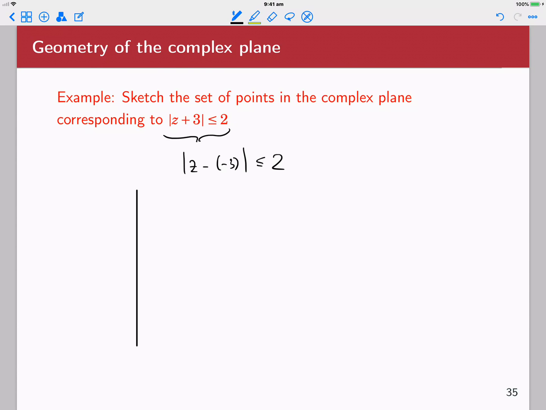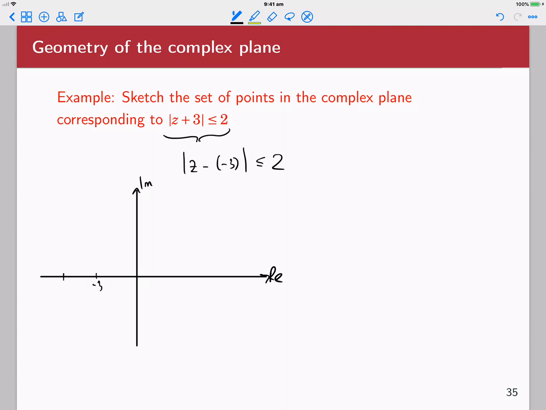So if you had modulus of z plus 3 equals 2, right? So let's say minus 3 is here. Again, this is the real and this is the imaginary. Actually, maybe I shouldn't put minus 3 here because it might not fit on my page. So let's say minus 3 is here, right?